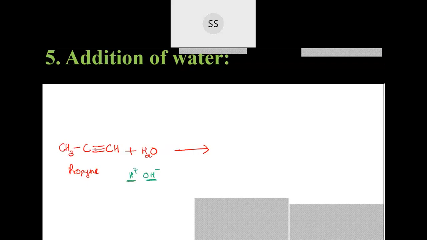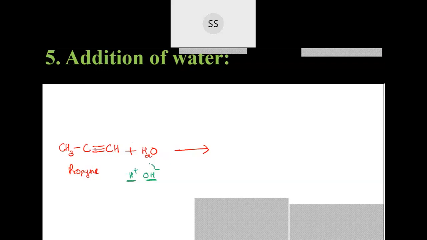Yes, correct. H plus should go towards, according to Markovnikov rule, correct? OH minus, the negative part, should go to the carbon having less number of hydrogens and the positive part should go to the carbon having more number of hydrogens.